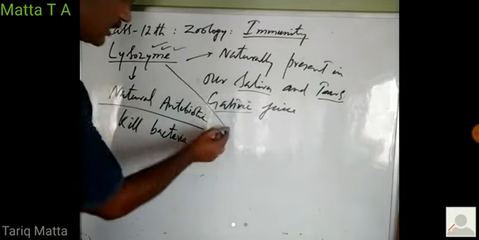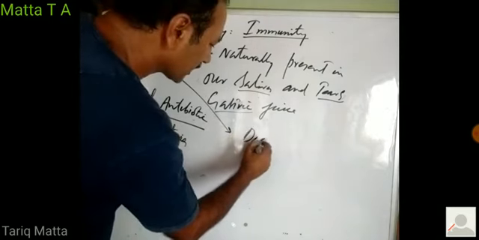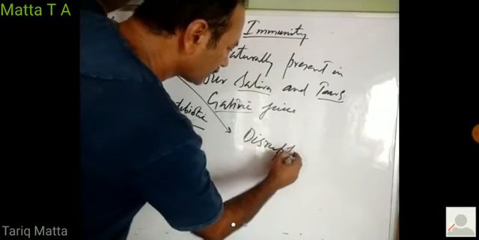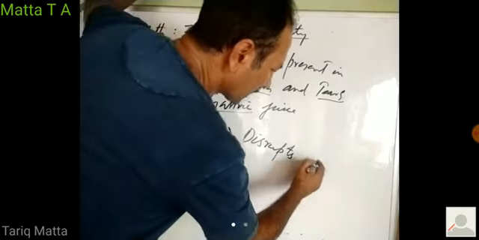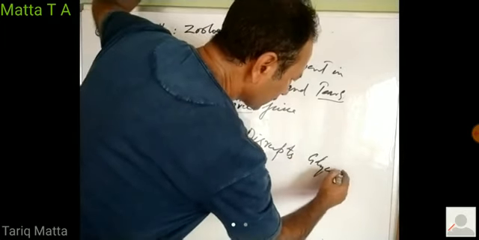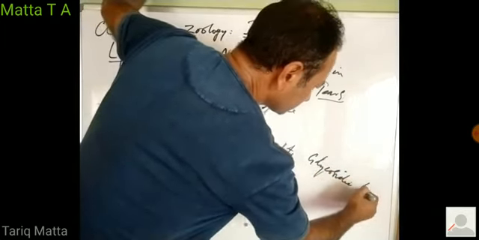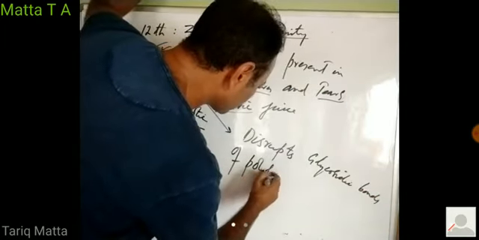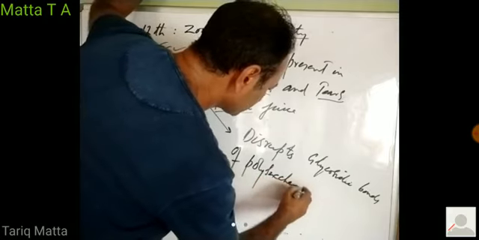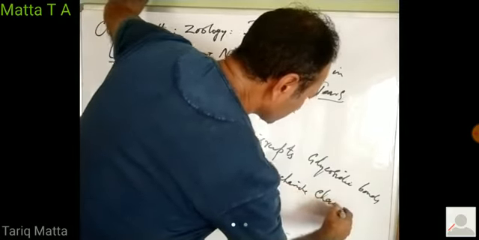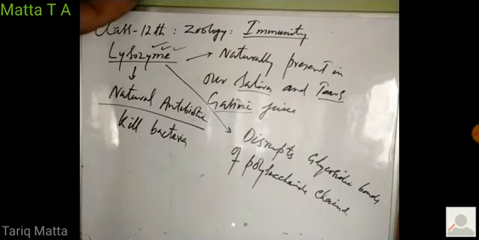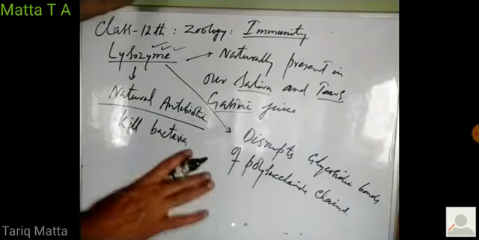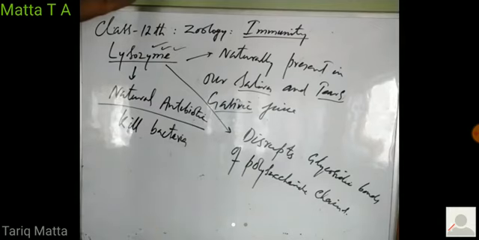This lysozyme breaks the glycosidic bonds of polysaccharide chains. So when the glycosidic bonds of polysaccharide chains are broken, the cell wall is shattered. So the bacterial cell wall is broken and the bacteria get killed.